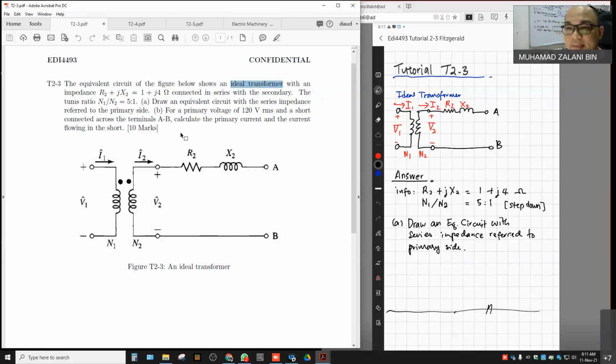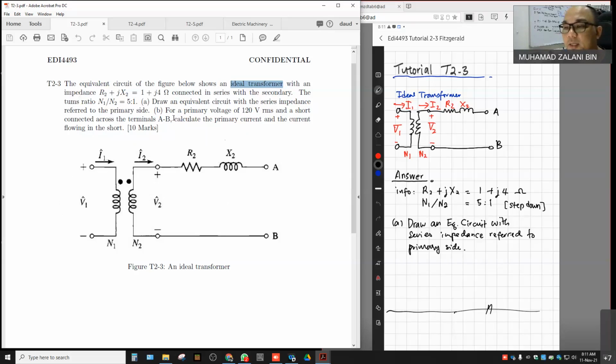So at the secondary of this transformer, it has R2 plus JX2, which is 1 plus J4 ohms of the leakage impedances. The turns ratio of this transformer is 5 to 1, turns ratio is 5 at the primary to 1 at the secondary.